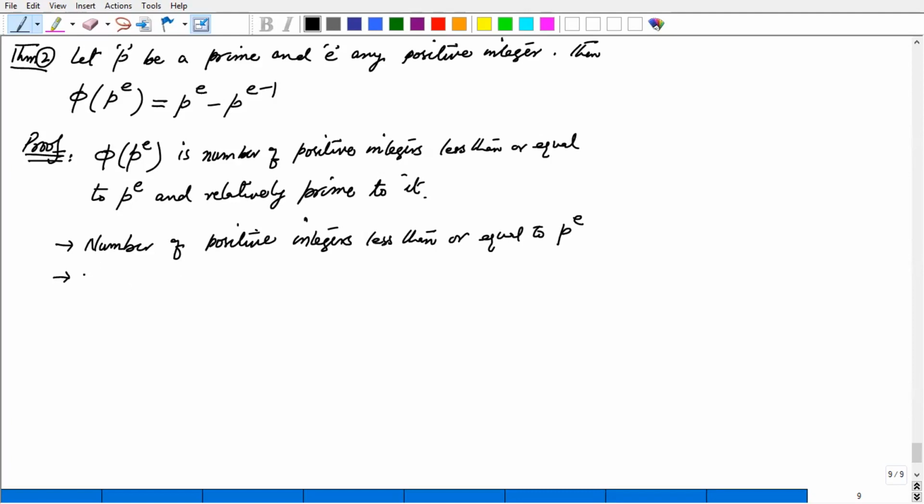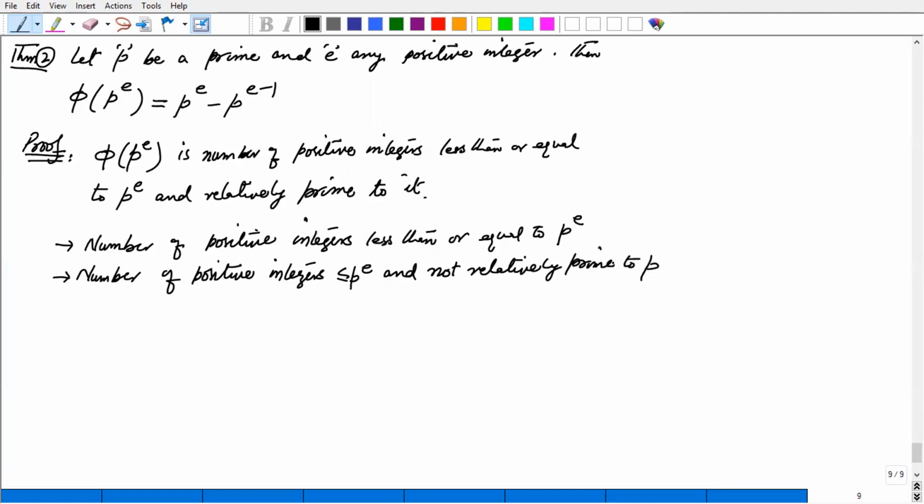So the other type is the number of positive integers less than or equal to P to the power E and not relatively prime to P to the power E. So these types of numbers can be computed.